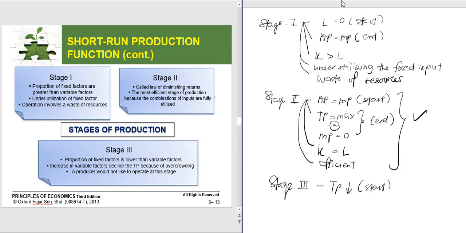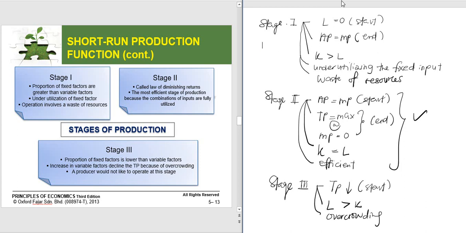So what happens at stage 3 is the number of labor is too much compared to the amount of fixed input, meaning you have too many labor, but the amount of capital, the machinery or building, is the same. So that will lead to overcrowding.